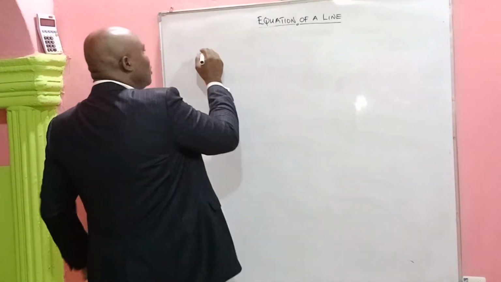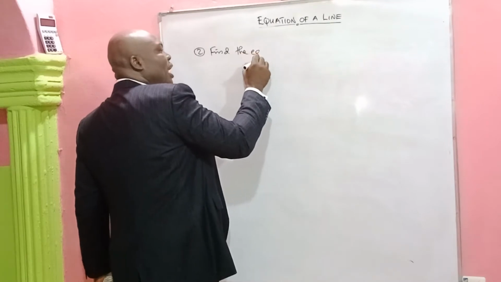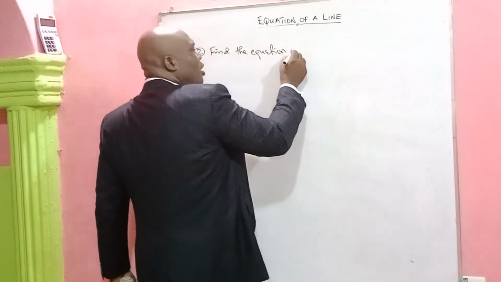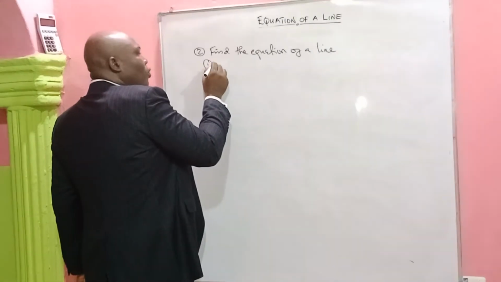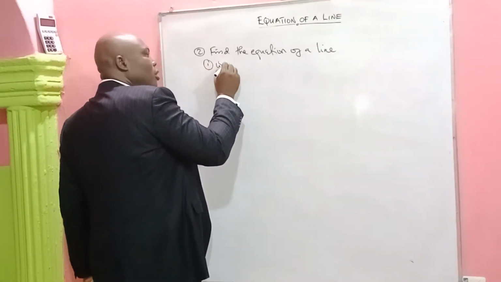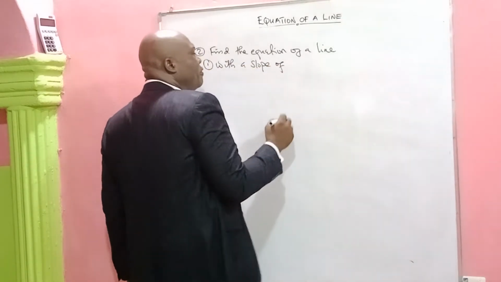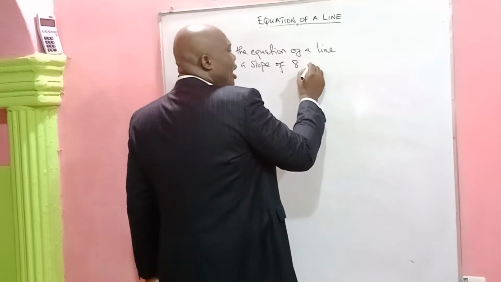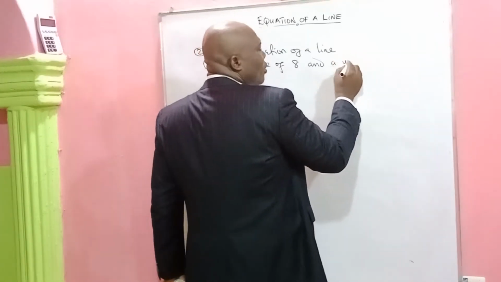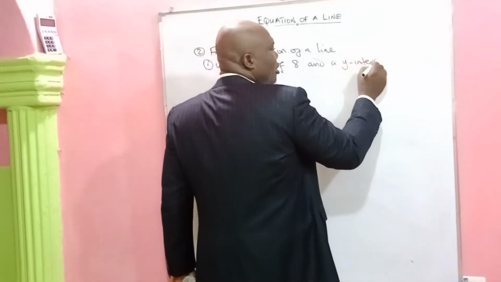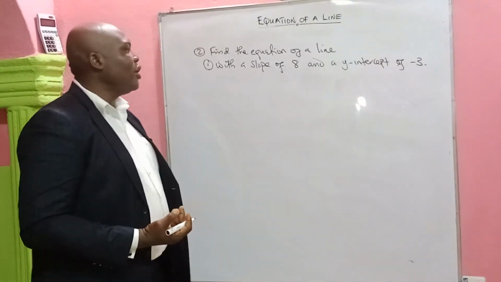All right, so they can ask you number 2, find the equation of a line with a slope of 8 and y-intercept of minus 3. You can be asked to find the equation of that line.